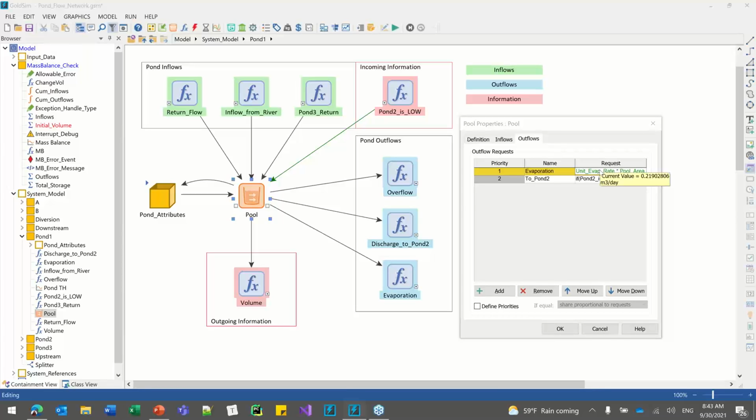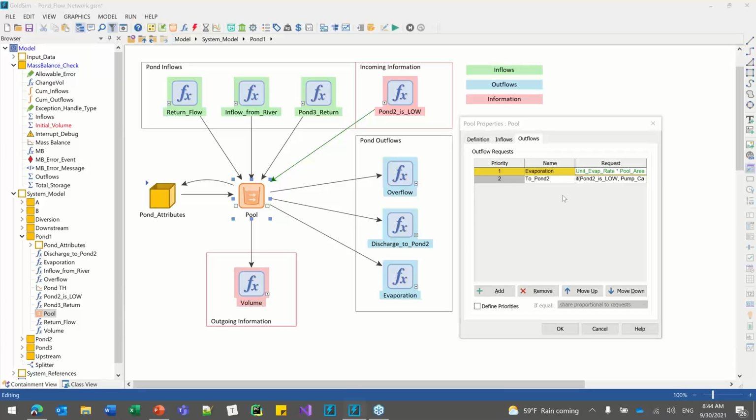But even if that's the case, just to keep everything simple and straightforward, I would still say don't refer to the request in other places as if it's the outflow coming out. It just confuses things.